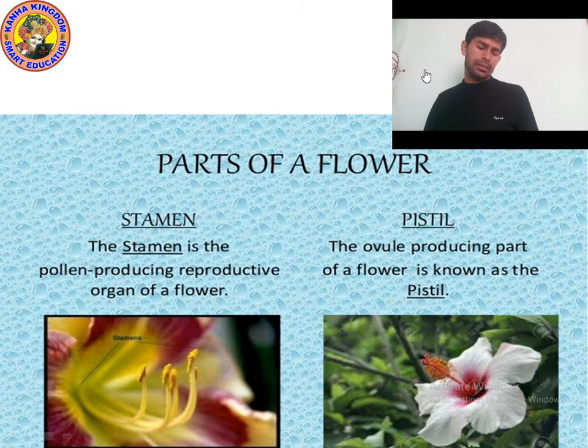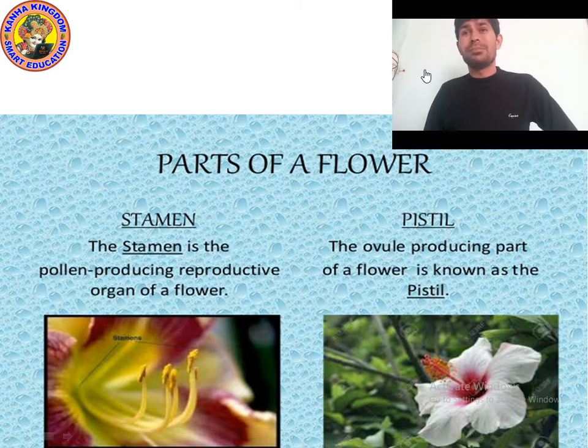And if we talk about the pistil, at the center of the flower it is present, the ovule producing part. Yes, the ovule producing part of a flower is known as pistil. Ovule contains seed.